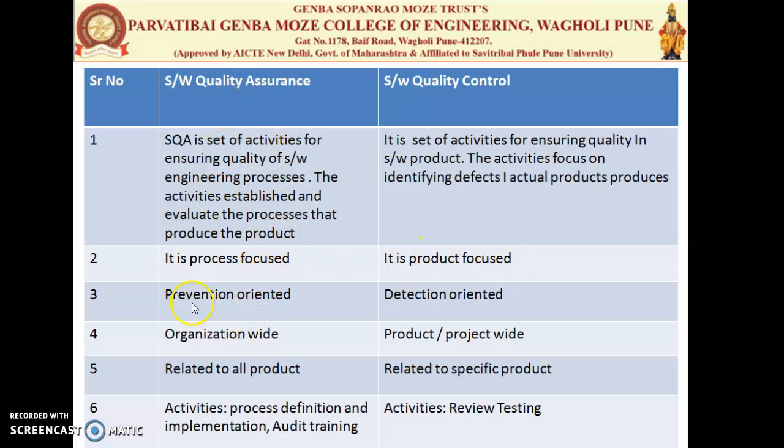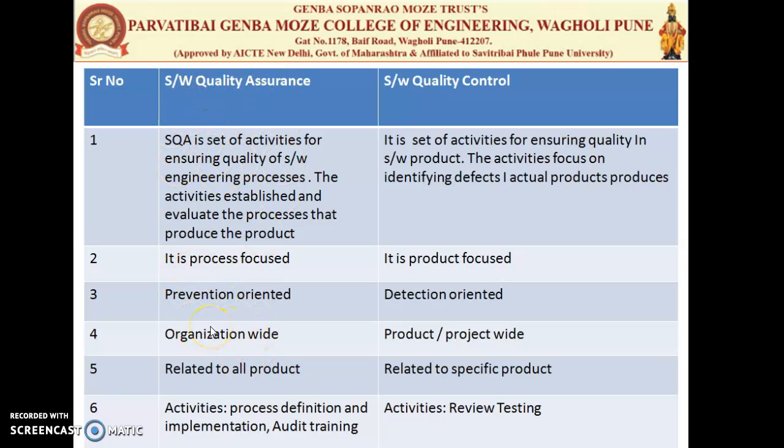Third, it is prevention oriented, as we can prevent things from going wrong. In software quality control, it is detection oriented. So after things go wrong, we detect and correct them. So quality control is detection oriented. Fourth is organization wide, as I have said: software quality assurance is organization wide.